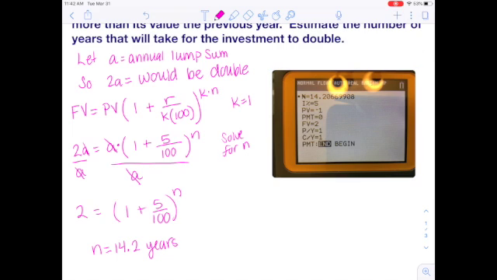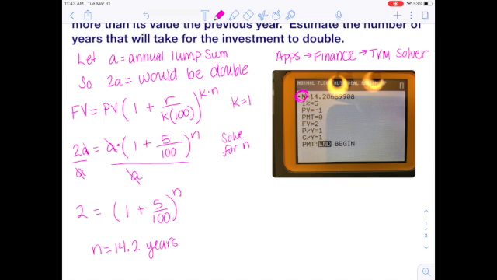Now, let me give you the overview of what I dropped into my graphing calculator. So remember, to get to the finance solver, you need to hit first apps and then go to finance, which is the number 1, and hit enter, and then to the TVM solver, hit enter, and then it pops up on the screen.